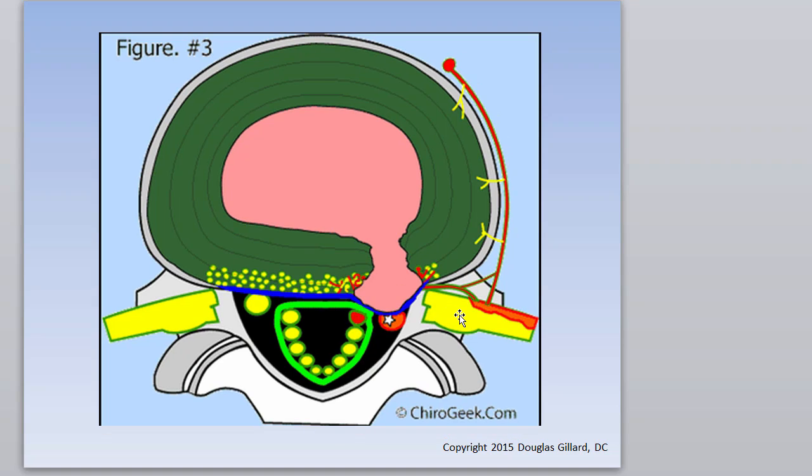But what's this? Good. Herniation is a parent category, but you've got to be more specific if you see this picture on the test. This is a disc protrusion. Why? Because the posterior longitudinal ligament here is still contained. It's not ruptured.